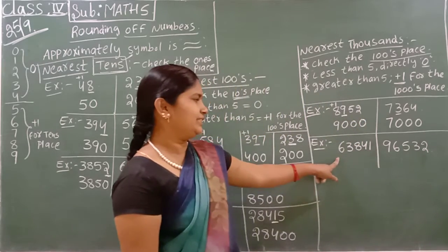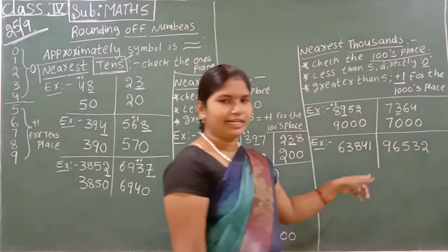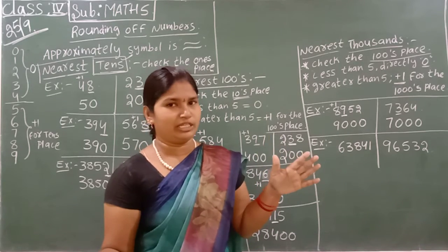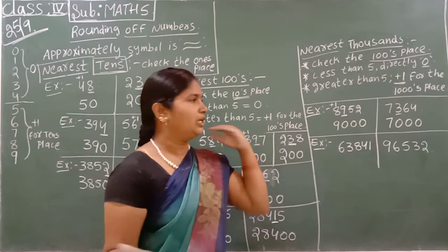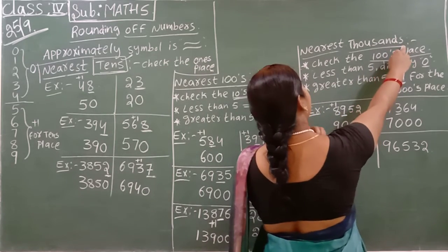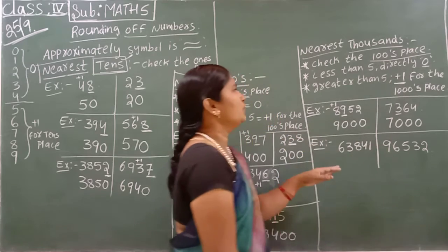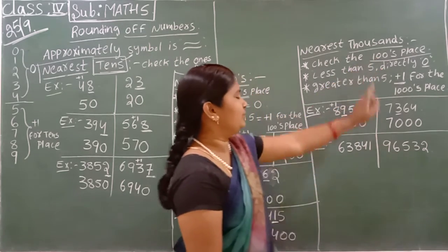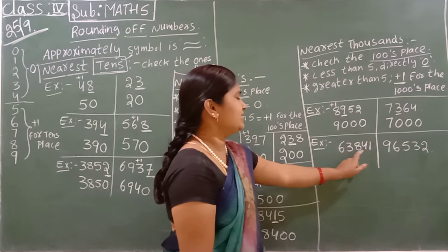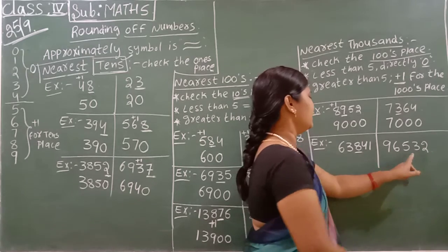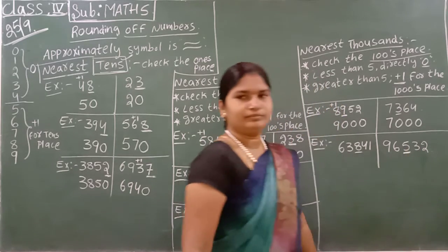It is a 5-digit number and it is also a 5-digit number. However many digits they give, leave that. Don't observe that. You have to check nearest thousands. Nearest thousands means you have to check only which place value? Hundreds place value. Ones, tens, hundreds.